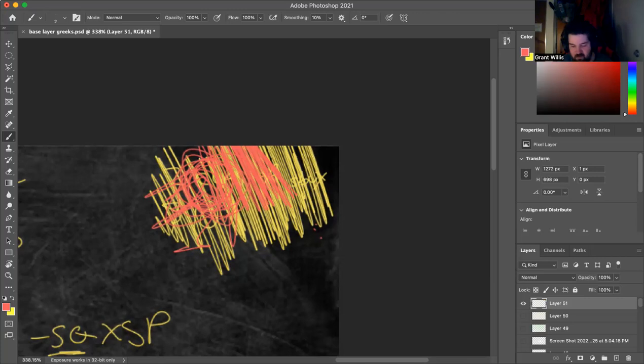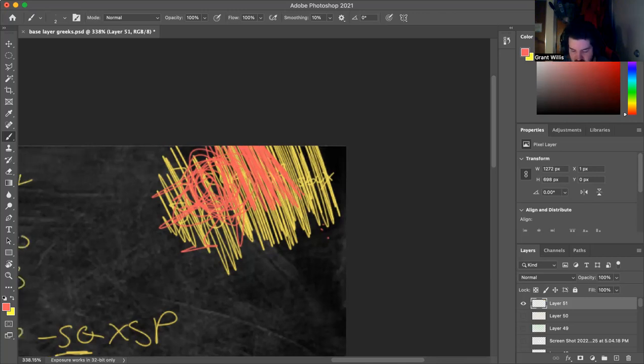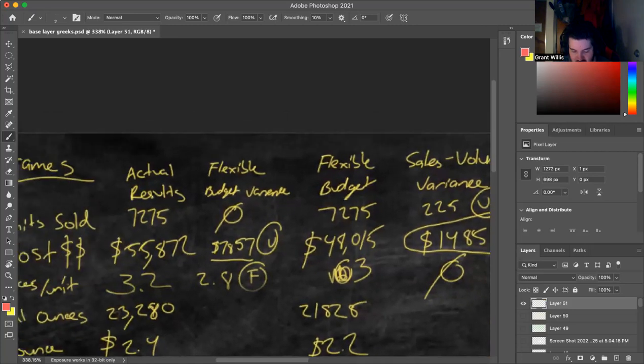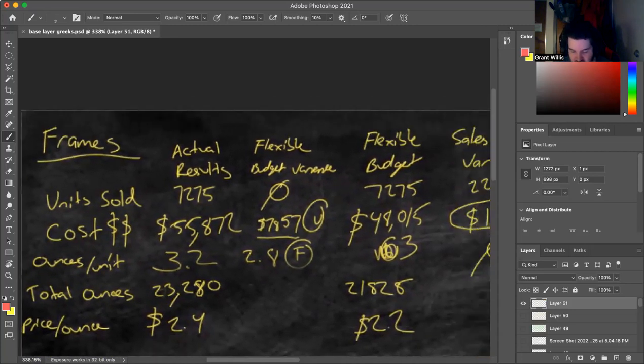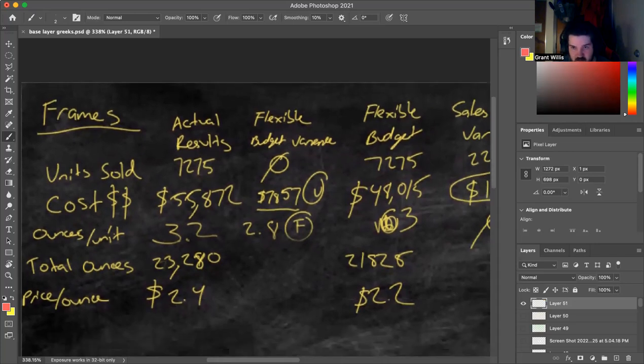For the flexible variance for the ounces per unit, I got 2.91. Wait, one of these is wrong because I didn't change it from last time. Which number are you pointing to?